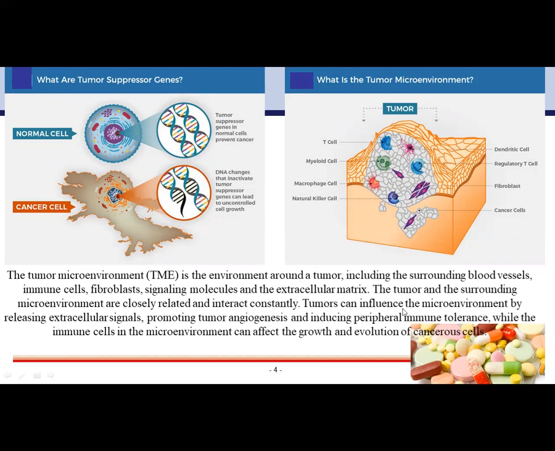Tumors can influence the microenvironment by releasing extracellular signals, promoting tumor angiogenesis and inducing peripheral immune tolerance, while the immune cells in the microenvironment can affect the growth and evolution of cancer cells. This is a picture of a tumor. We see that this is the cancer cell and the fibroblast is out of control.